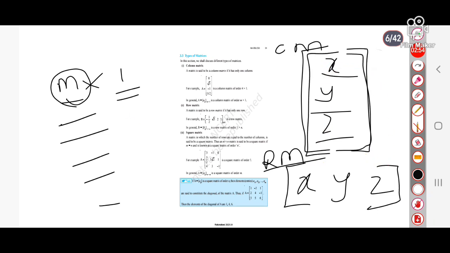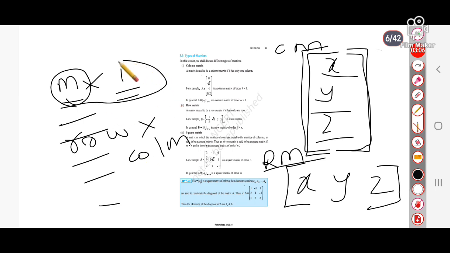Generally in a matrix it is nothing but row cross column. We can easily remember that in a column matrix it is m cross 1, because only one column is present.